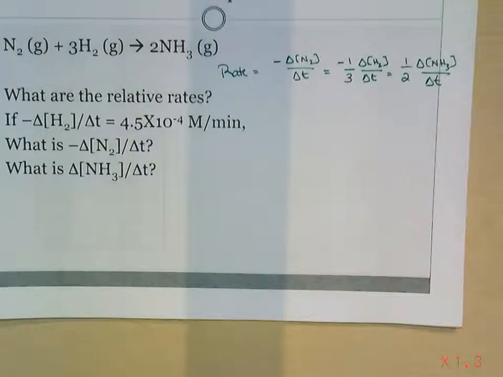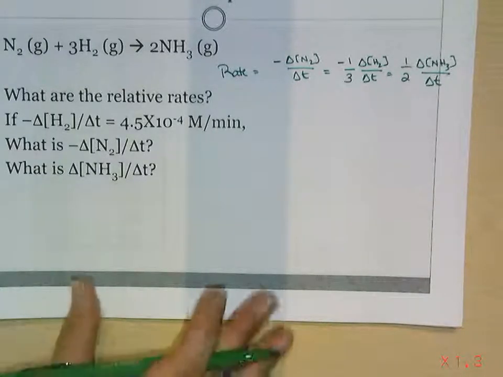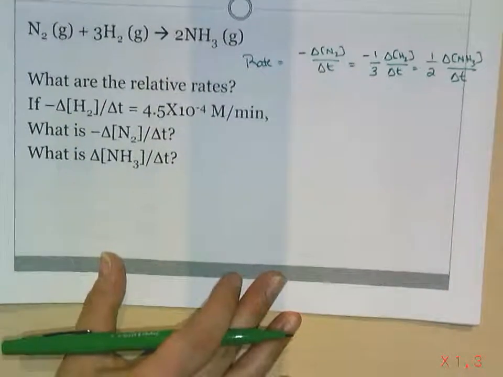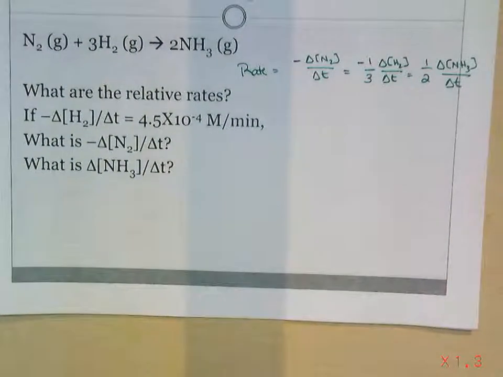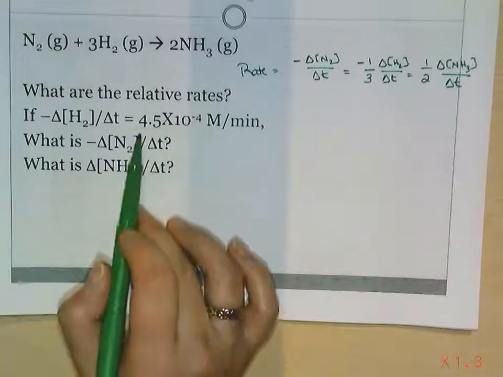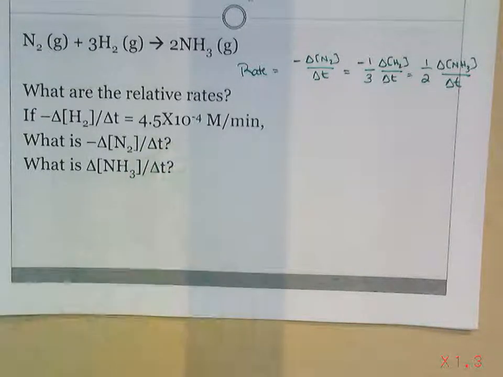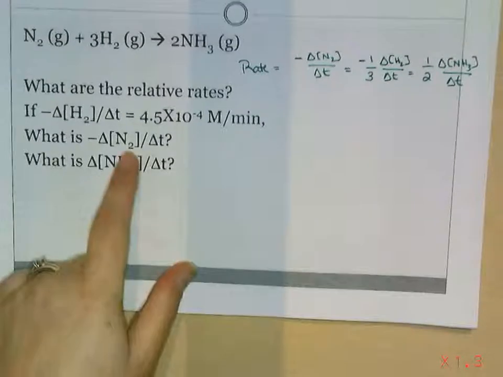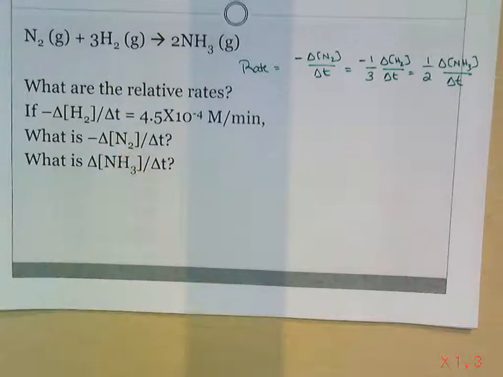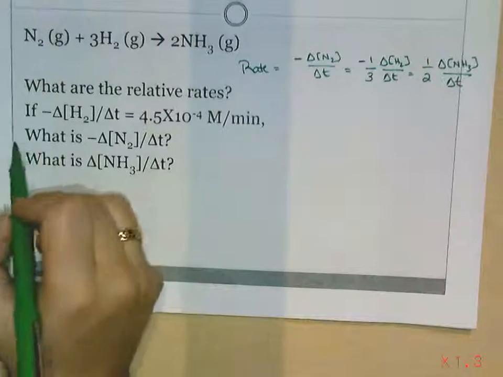All right, so experimentally, I went ahead and determined the rate of the disappearance of hydrogen. And I determined that rate is 4.5 times 10 to the negative 4th molarity per minute. I want to find these other rates. So let's do this first.